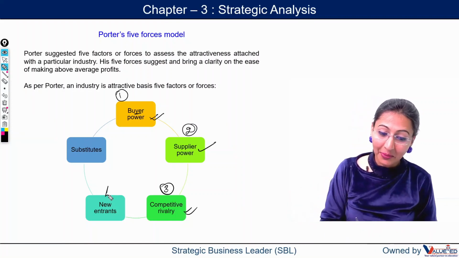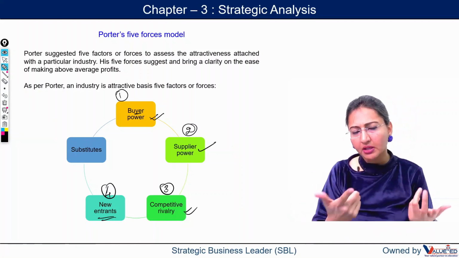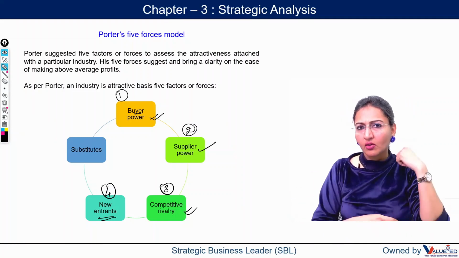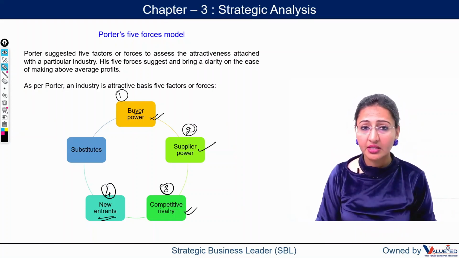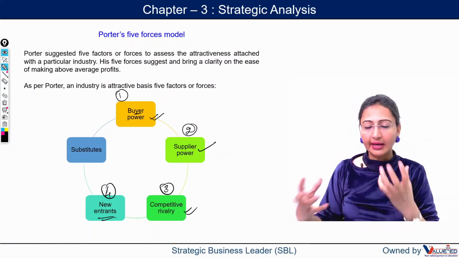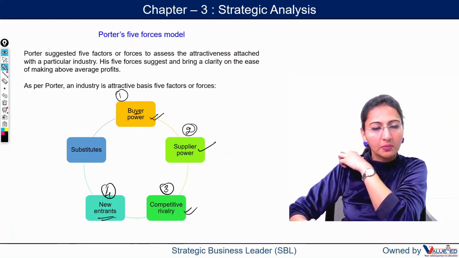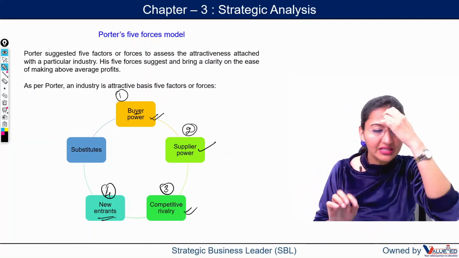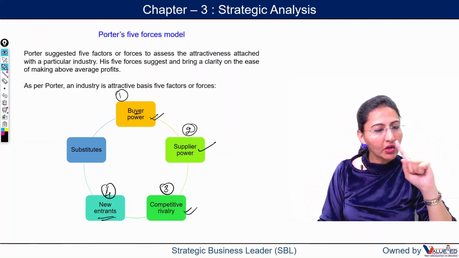Coming to the fourth part, new entrants. How easy is it for new people to come into that industry? There are certain sectors where new entrants can enter very easily. That means the entry and exit in that particular market or product industry is very easy. But there are some other products where new entrants cannot come that easily.